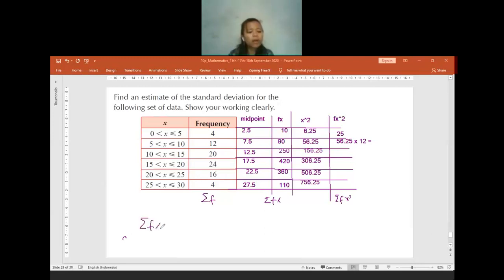After you're done with it, you can fill the numbers into the formula. Standard deviation will be the square root of sigma fx square divided by sigma f, minus x bar squared. If you don't want to calculate one by one for finding the x bar squared, you can use the formula sigma fx divided by sigma f.